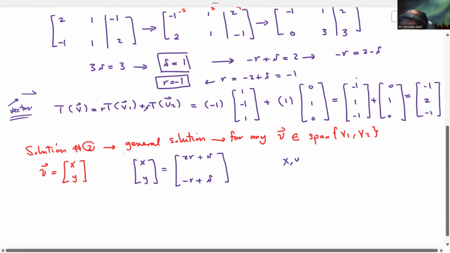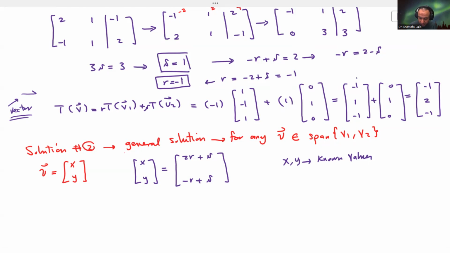So X and Y here are known values. It can be anything that spans V1 and V2. So you can consider them known. What is unknown for you is R and S.